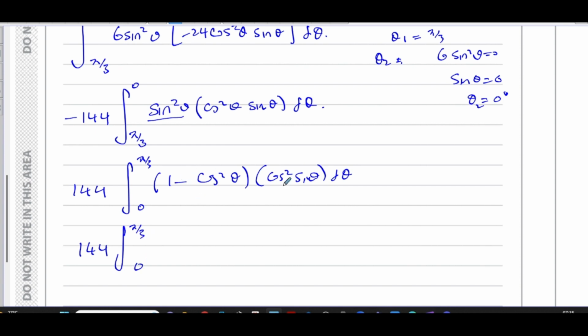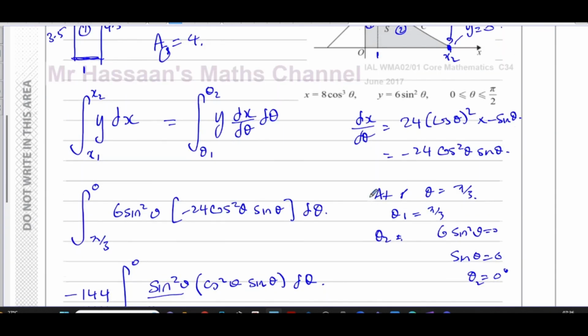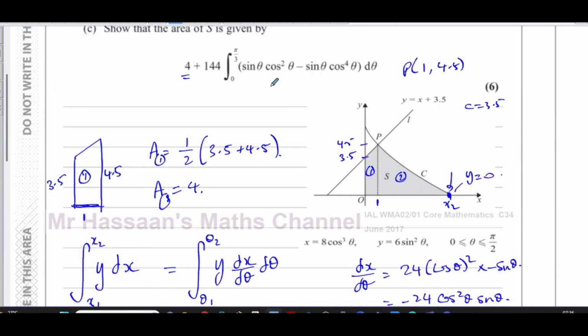I have 1 times this expression, which is going to be cosine squared theta times sine theta. And then I've got minus cosine squared theta times this expression, which is minus cosine to the power of 4 theta times sine theta with respect to theta. And I think that's exactly what we had to show. Yep, it's the same thing, except just written with the sine theta first, that's all. So I'll just rewrite it so it's the same.